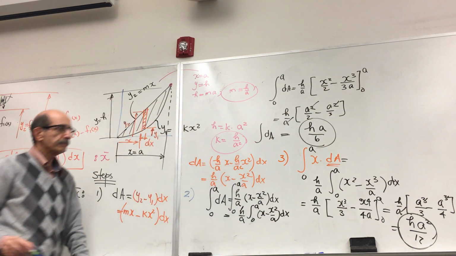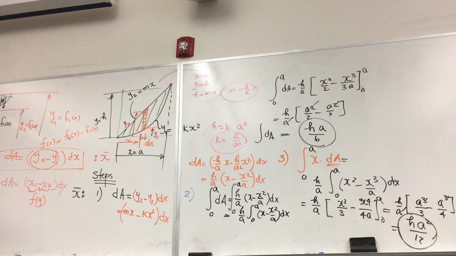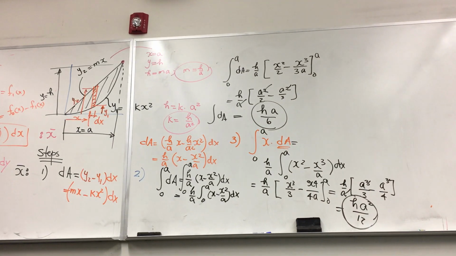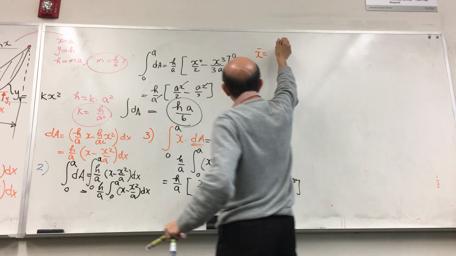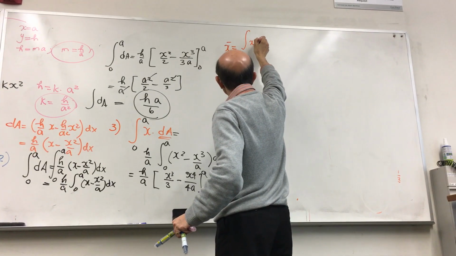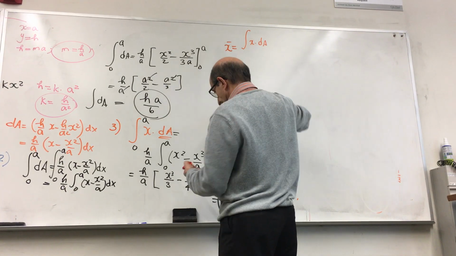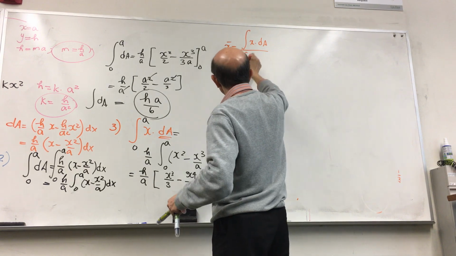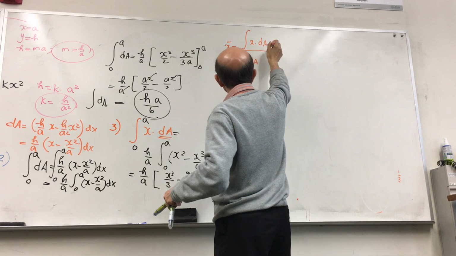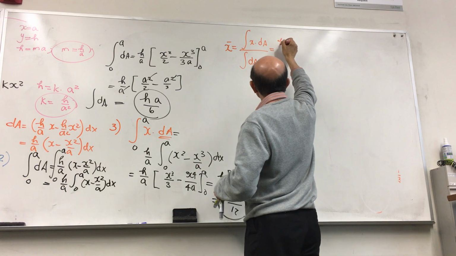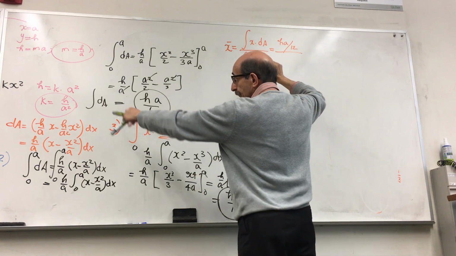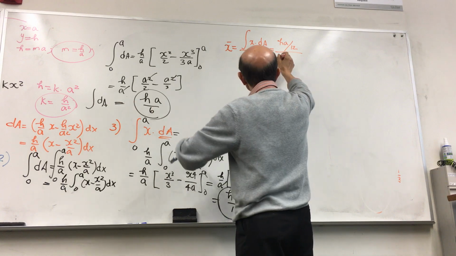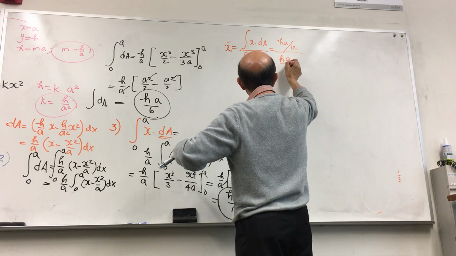Okay? So all you need to do is just divide that by the integral of dA to find x bar. So x bar is what? It is the integral of x dA, which is this, divided by the integral of dA. So it is h a squared over 12 divided by this one, h a over 6.